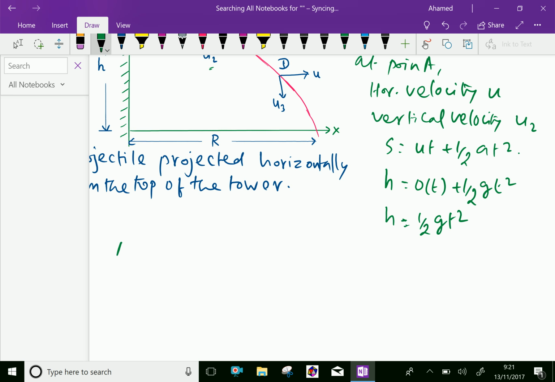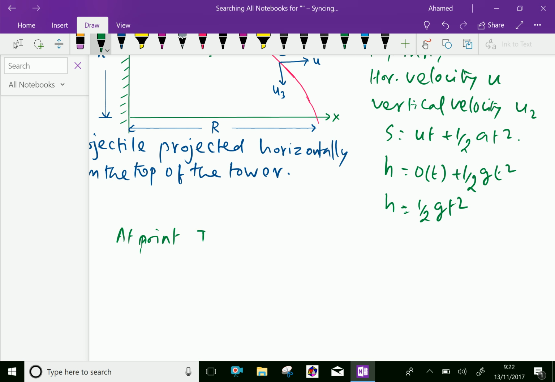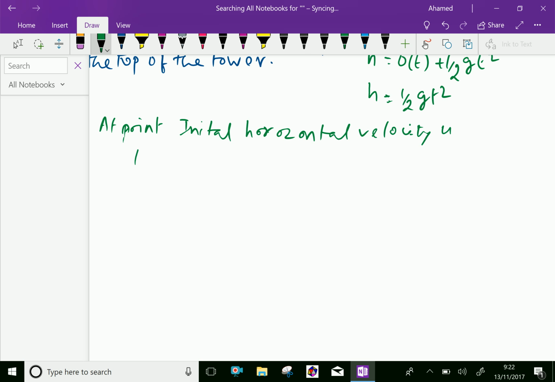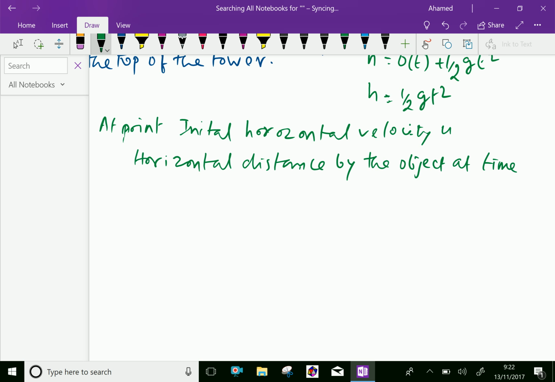Now see at point A, the initial horizontal velocity we have is u, and the horizontal distance covered by the object at time t, we keep it as x.